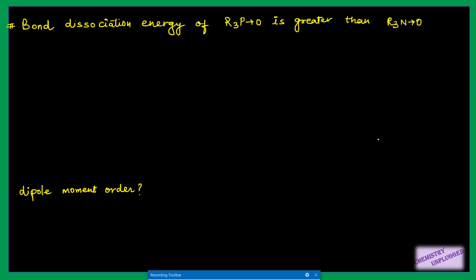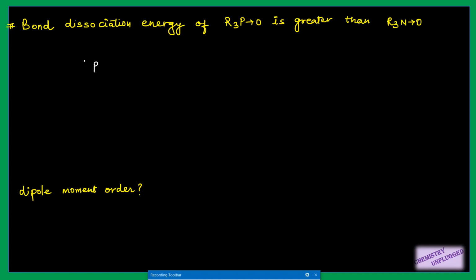Then we have the next question, and using this question we will try to understand a very important concept. The question is, the bond dissociation energy of trialkyl phosphine oxide is greater than that of trialkyl amine oxide. Why is this so?